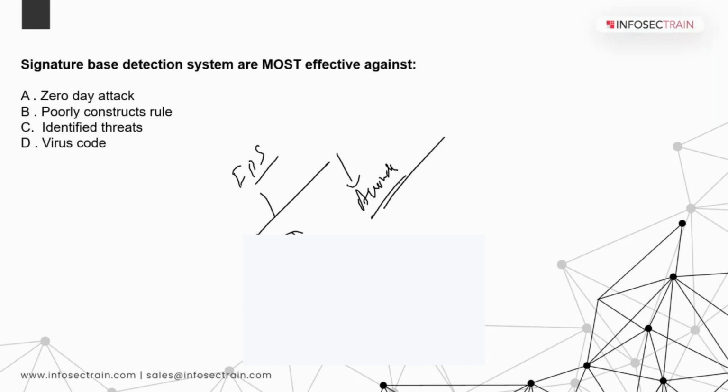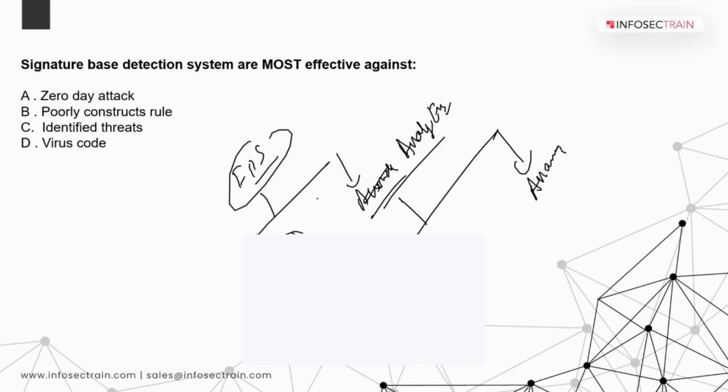Analysis engine has two types: signature based and anomaly based. So IDS has two types: sensor and analysis engine.